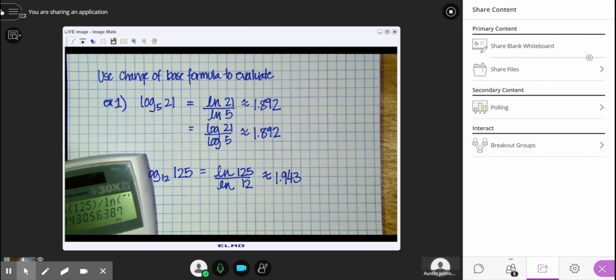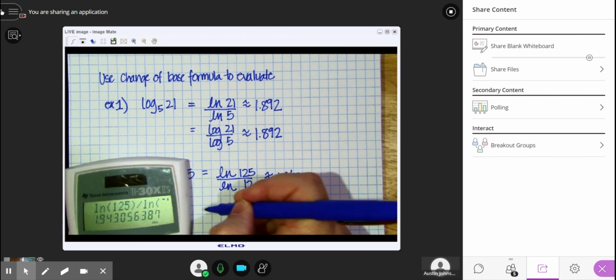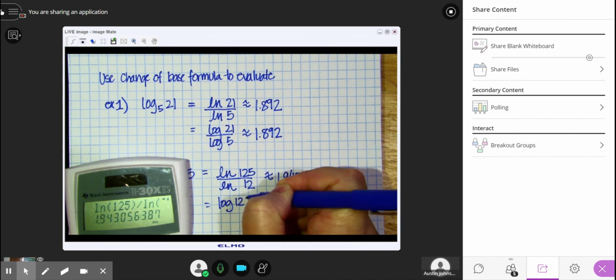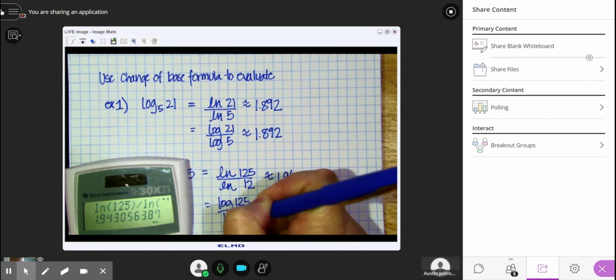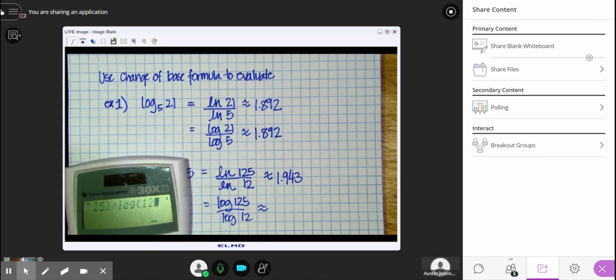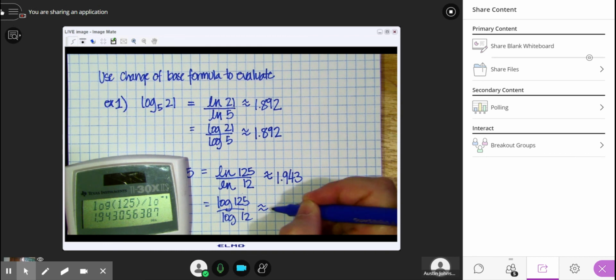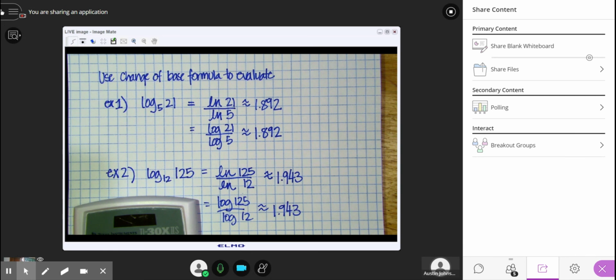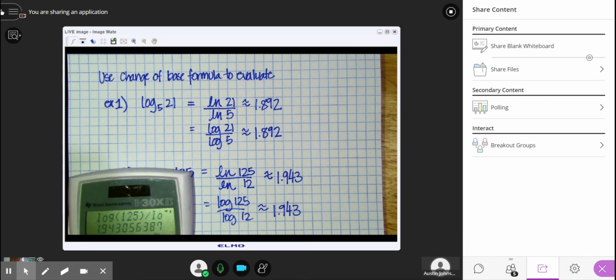And again, had we used a log, we should get the same answer. It's just whichever one you like better for these.